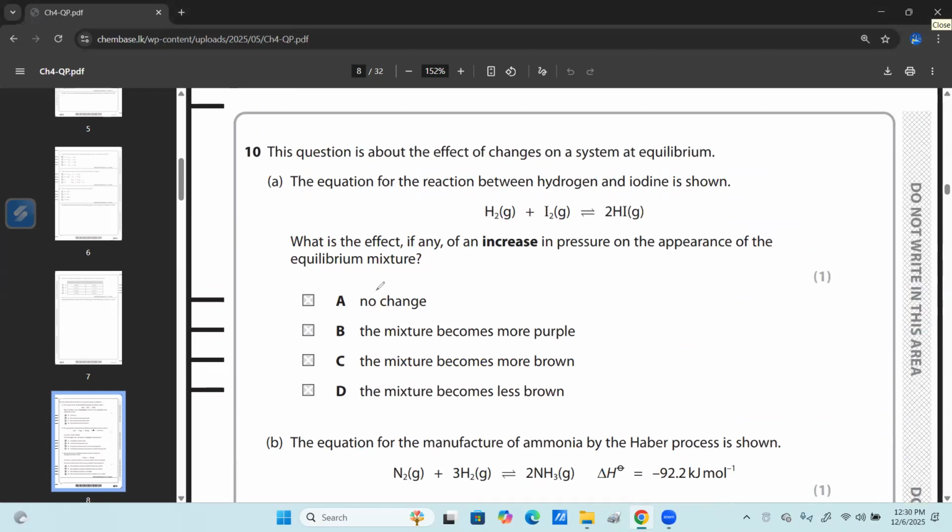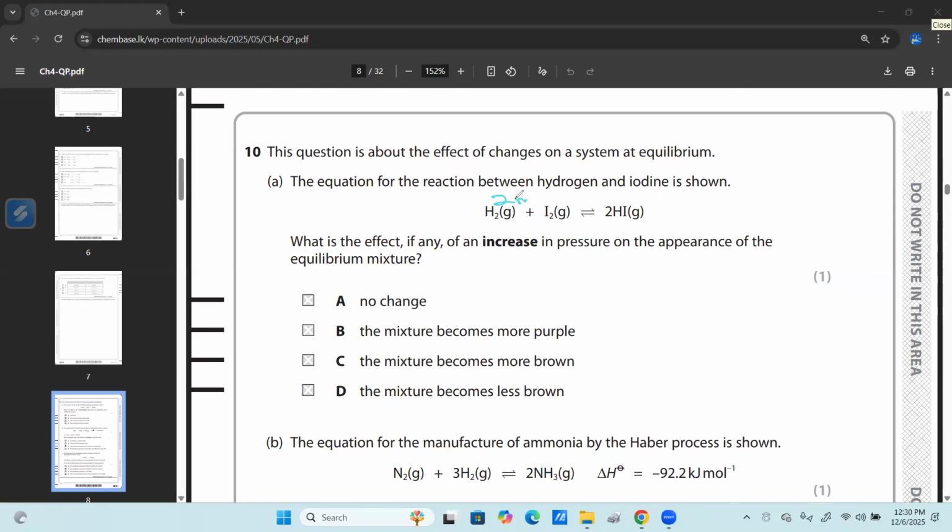Then we'll see the 10th one. What is the effect, if any, of increase in pressure on the appearance of the equilibrium mixture? So you can see for pressure, we always need to look at the number of moles, right?